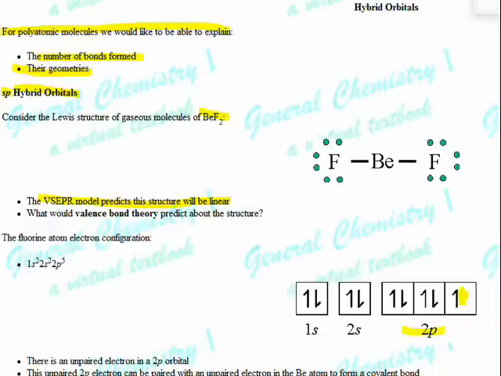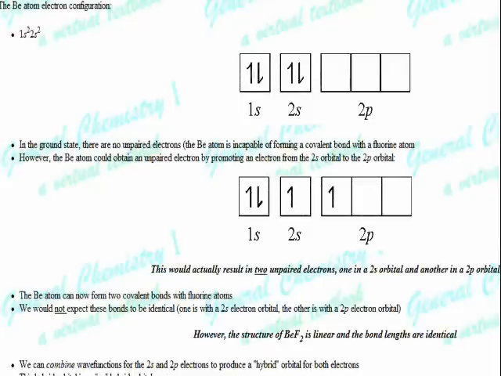Now this can be paired when it's bonded with one of the beryllium electrons. But beryllium has 2 electrons here and no unpaired electrons, so beryllium in this state is incapable of forming a covalent bond with a fluorine atom.